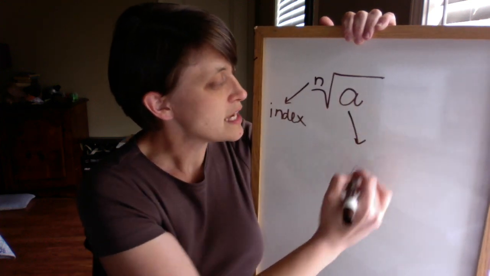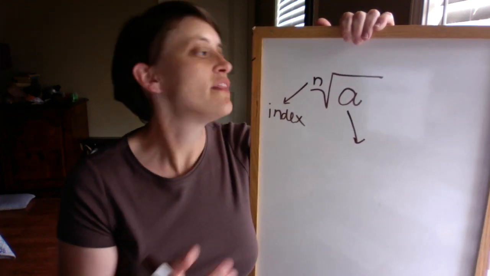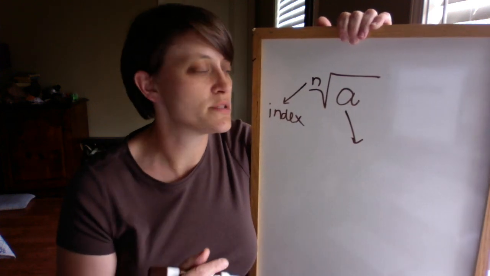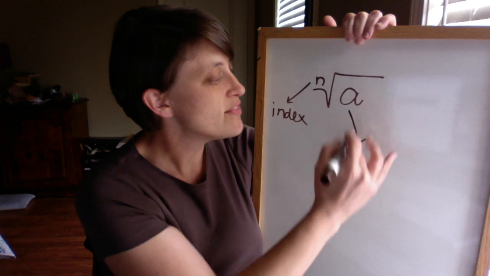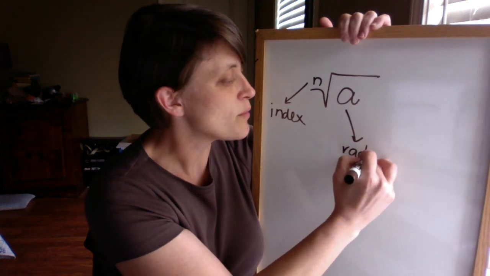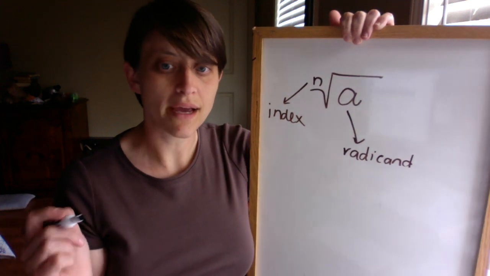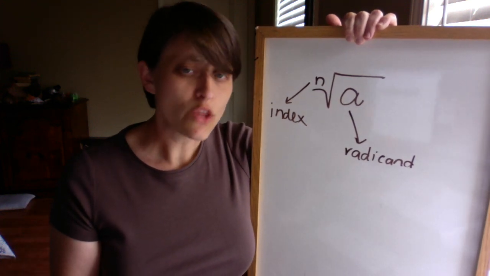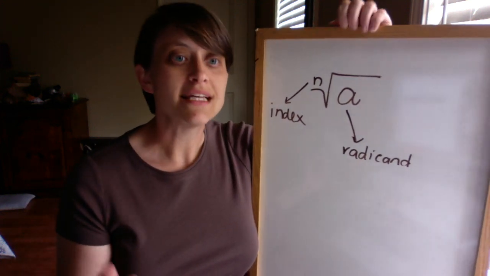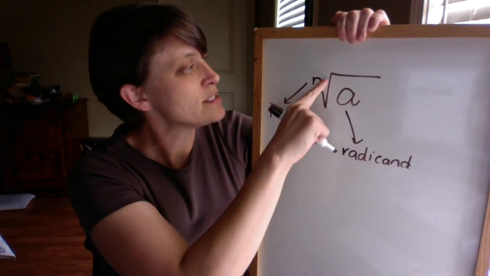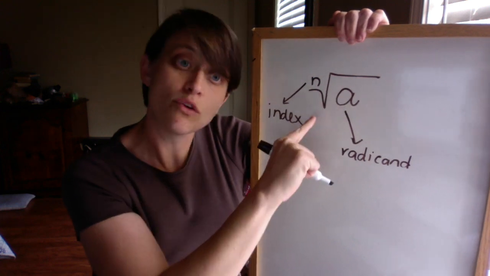This thing that you're taking the root of, in our case it's assumed to be a number, but it could be anything. There could be variables under a root. That's fine. That thing is called the radicand. So the way that we find a root is that we're trying to decide what number needs to be raised to this power to get the radicand.